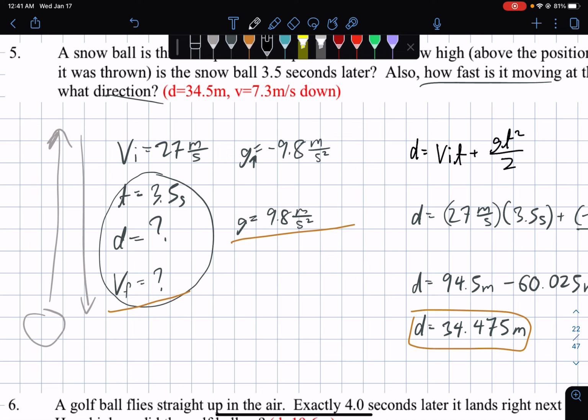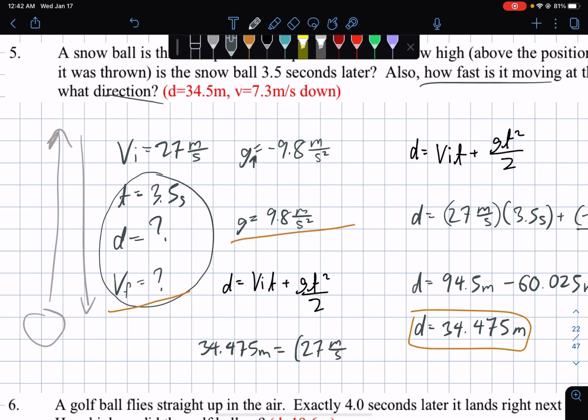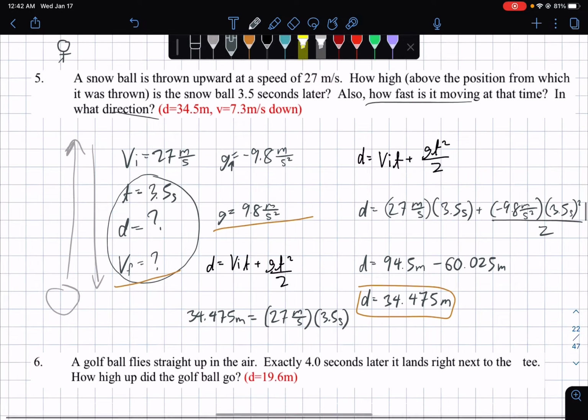Wait, final velocity. Found it. D is equal to ViT plus GT raised to 2 over 2. Distance is 34.475 meters. Vi is 27 meters per second times the time. Time is 3.5 seconds.